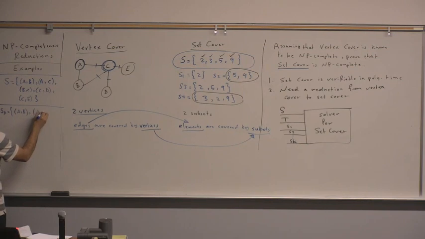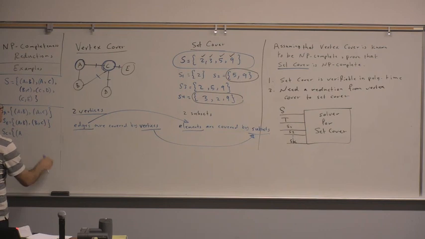What are the edges covered by vertex B? AB and BC. What are the edges covered by vertex C?